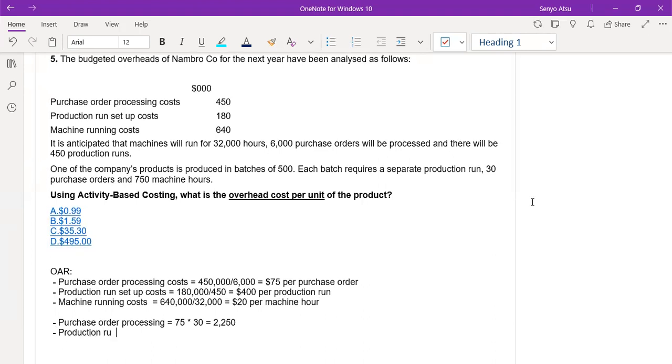And production run setup at the rate of $400 per production run. We are told each batch requires a separate production run, so times 1.